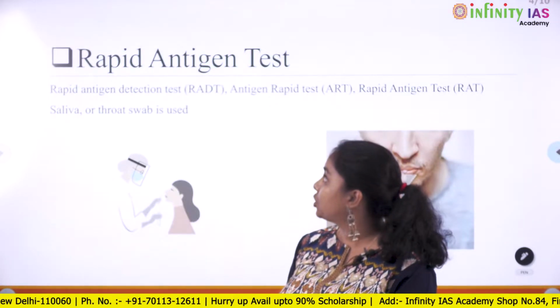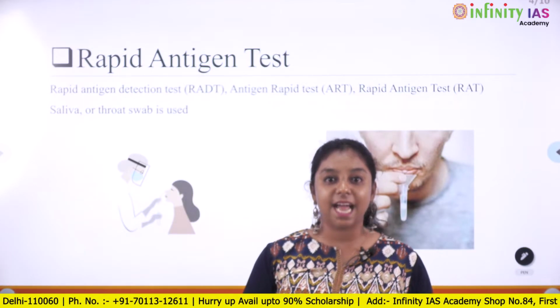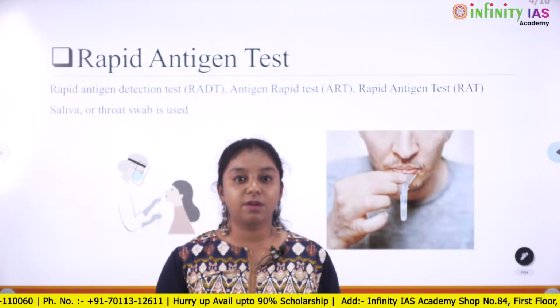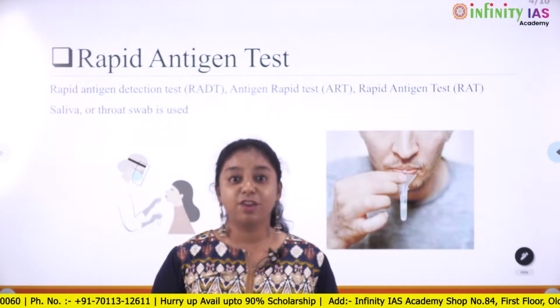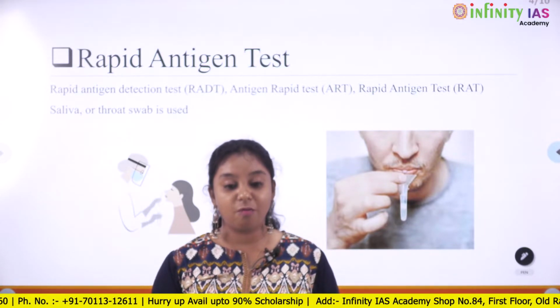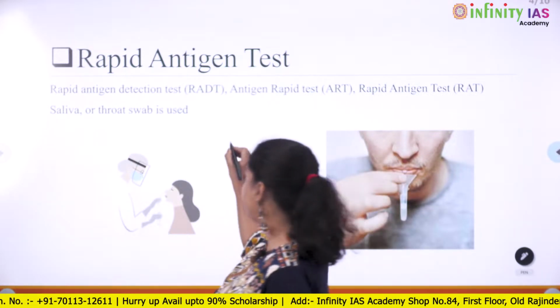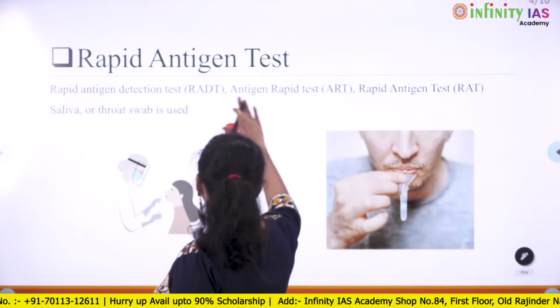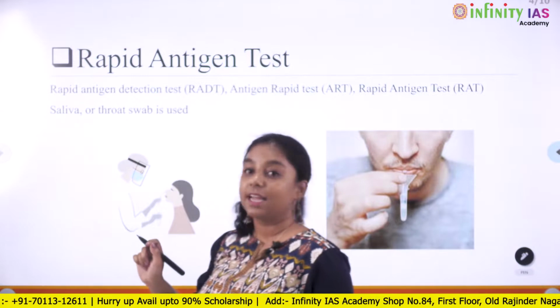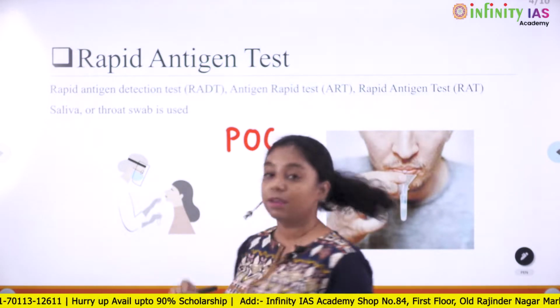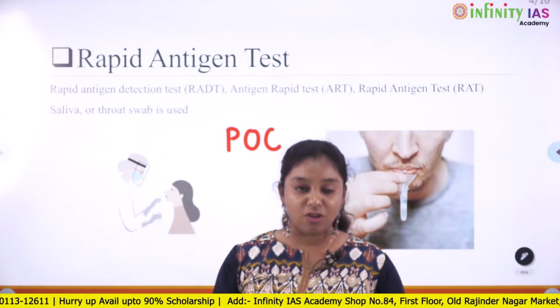Now, next, we shall discuss rapid antigen testing. I'm sure most of you must have heard about rapid antigen testing, where you must have got kits to your home and tested at home. So it's basically a point of care, POC, diagnosis.